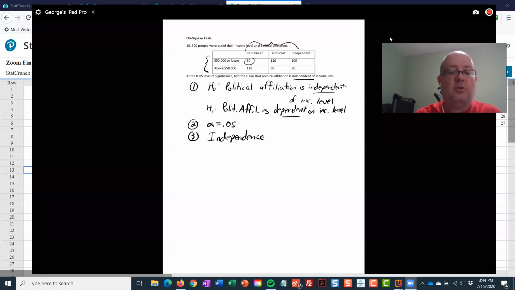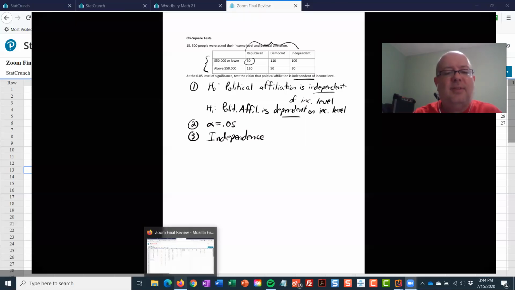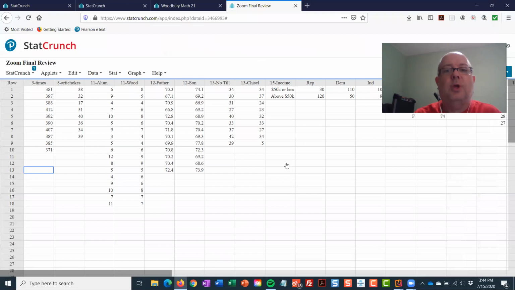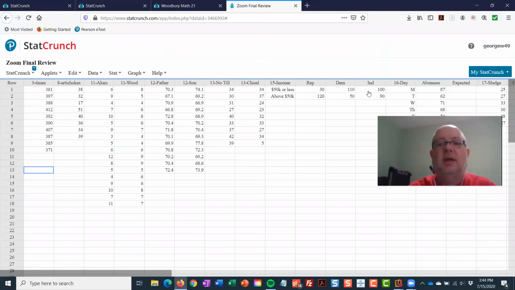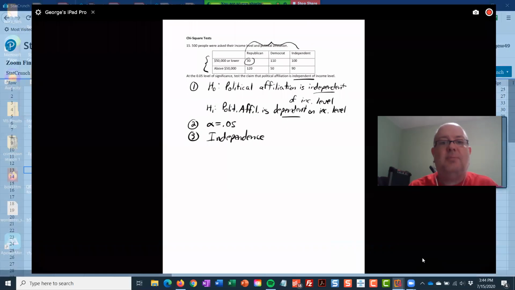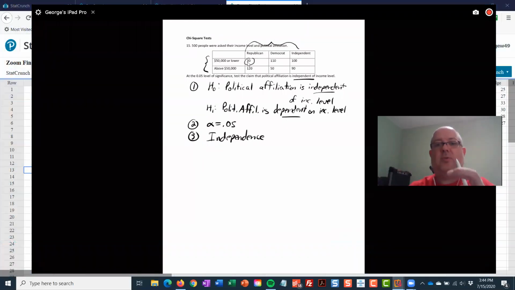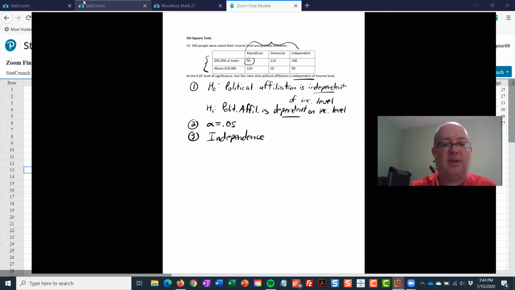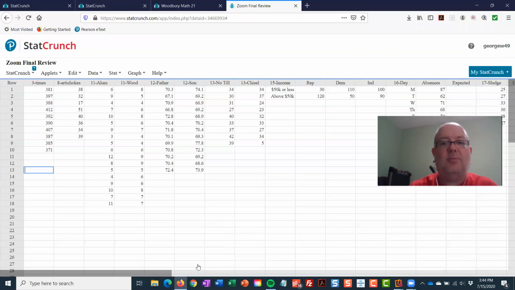Let's switch over to StatCrunch, where I've already typed the data in. This is actually probably the hardest part of the problem. You want to type the information in exactly the same form that you see on the sheet. I want to take this table and place it right into StatCrunch the way that I see it. I did add one thing: I added income as the label for those rows.